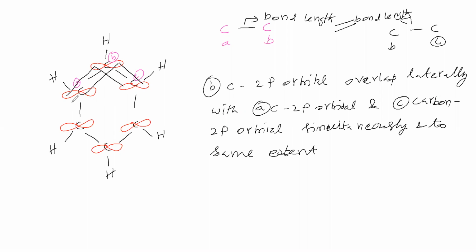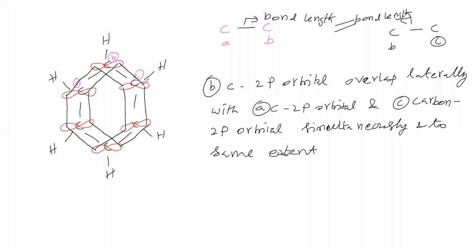Then this 2p orbital is overlapping laterally with this 2p orbital. Then this 2p orbital is overlapping laterally with this 2p orbital. Then this 2p orbital is overlapping laterally with this 2p orbital. Next, here also lateral overlapping is possible, like this.